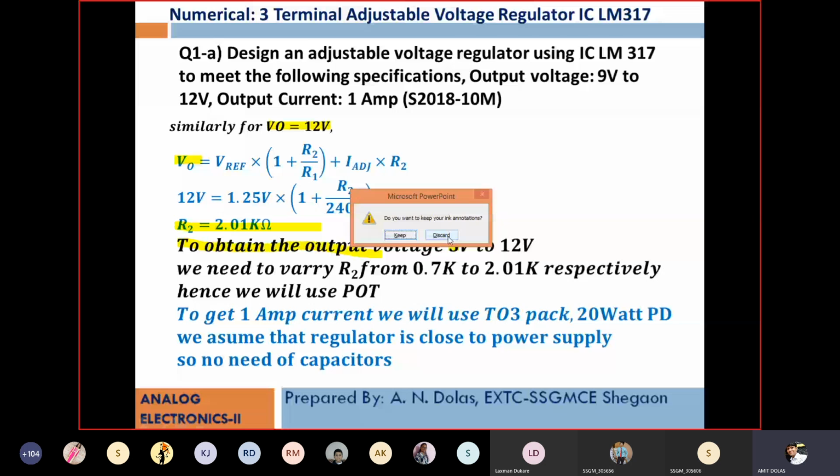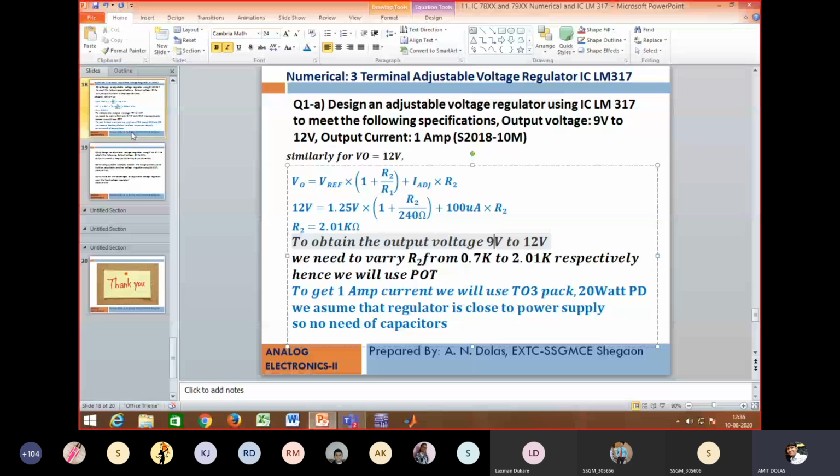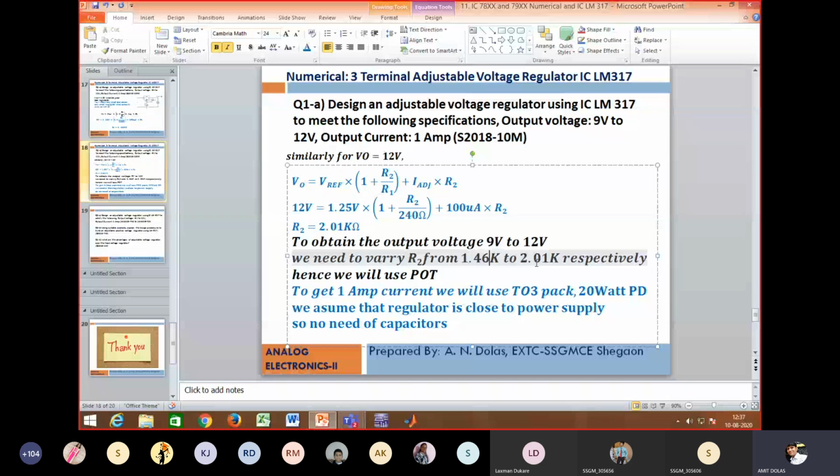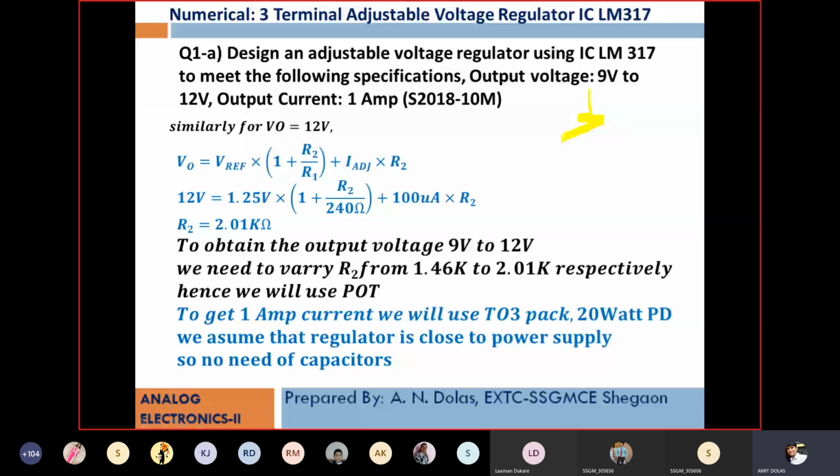R2. What was the previous value? It is 1.46K. I have not edited this, so it is 1.46K to 2.01K respectively.